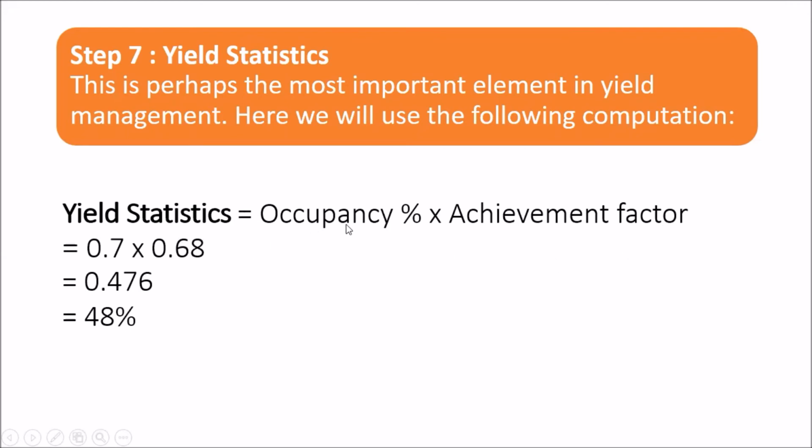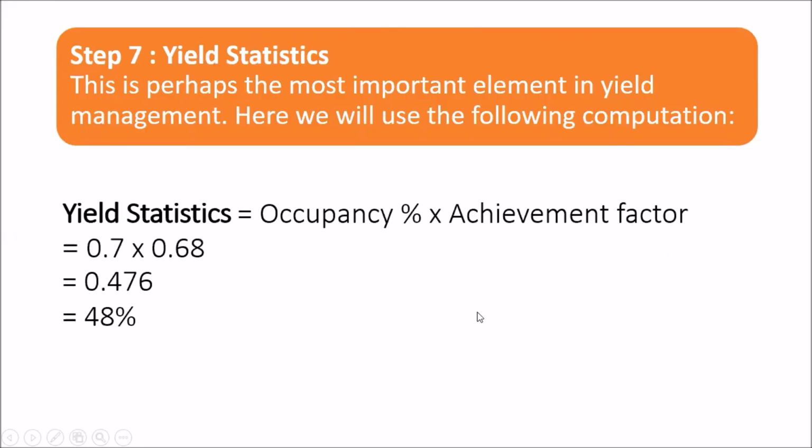The occupancy percentage given in the scenario is 70%, which is 0.7. Achievement factor percentage was 68%, so 68 upon 100 gives you 0.68. When we multiply this, it gives us 0.476, which is the yield statistic. In percentage, it gives you 48%.